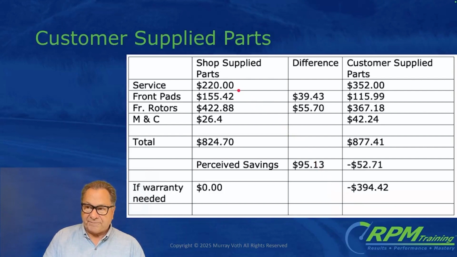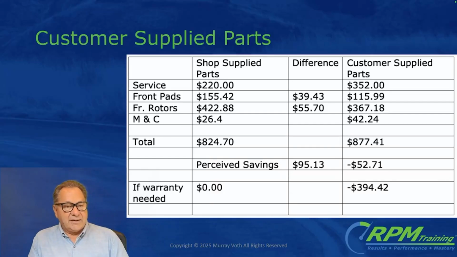So here's the thing: the customer supplied part savings was only $95 on an $824 brake job, just over 11%. Why couldn't you explain to the client, why don't you let us supply it? It comes with a 2 year 40,000 kilometer warranty, and we'll look after you, right?